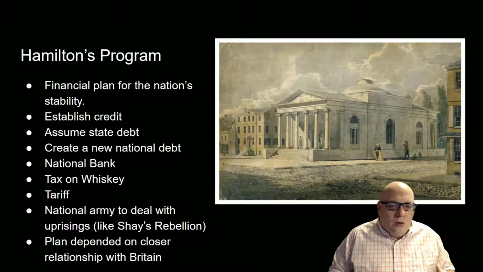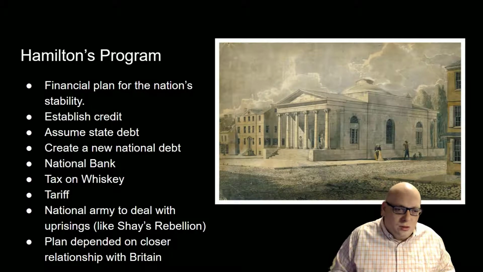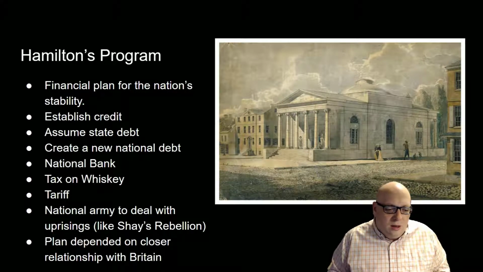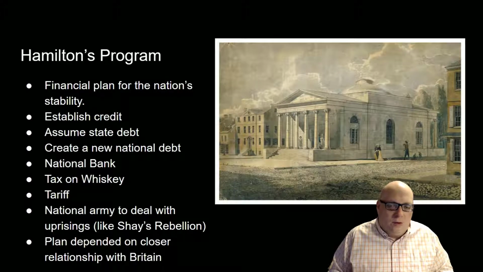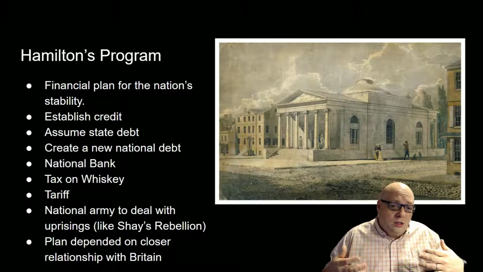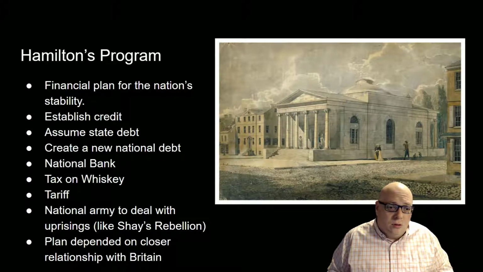So it's no longer a state issue, it's a national issue. And also, the understanding here is that because the country has this organized way of dealing with our finances, this will make us more attractive to engaging in the marketplace internationally with Europe.